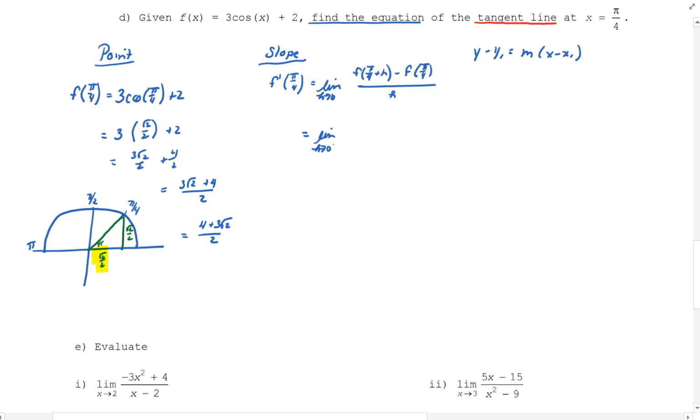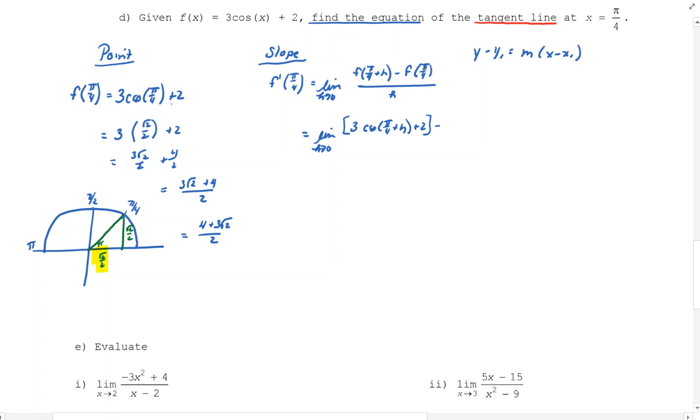Limit as h goes to 0 of 3 cosine pi over 4 plus h plus 2, simply plugging it into the function. I'll put that in brackets so you can see that that all goes together, minus f at pi over 4, which we just found over here.